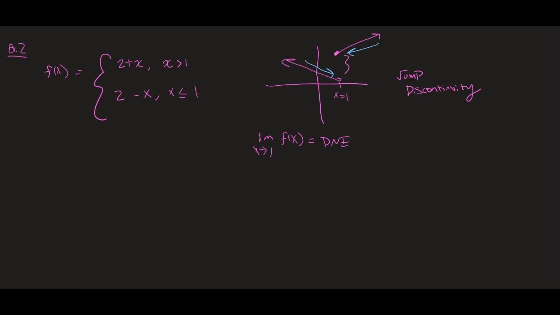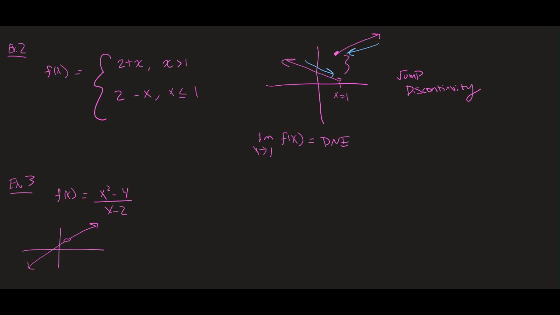The third type of discontinuity I want to discuss is referred to as a removable discontinuity. If we look at this function, f of x equals x squared minus 4 all over x minus 2, and we draw what this function might look like, it might look something along these lines.